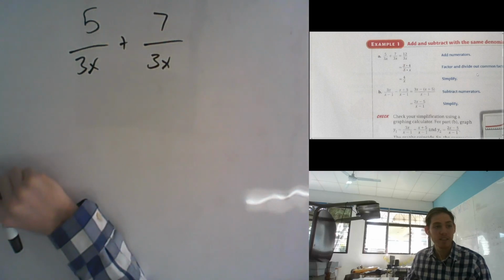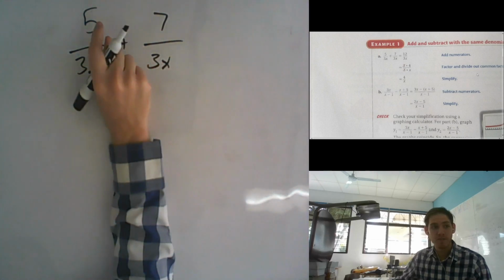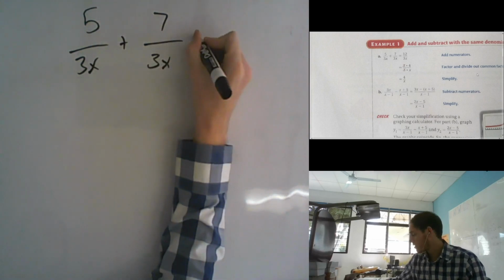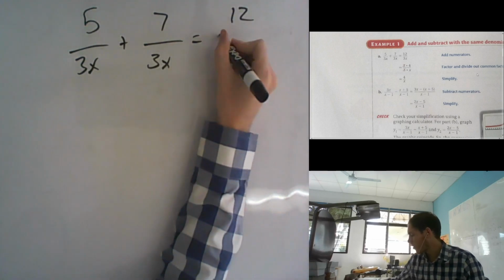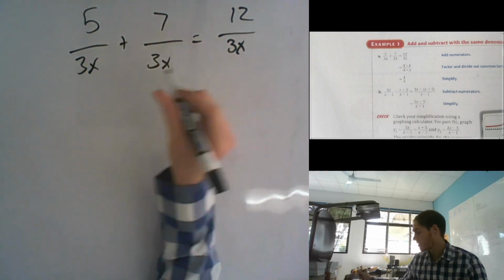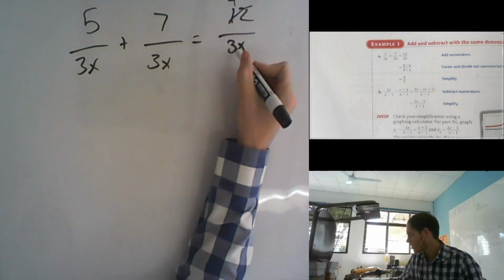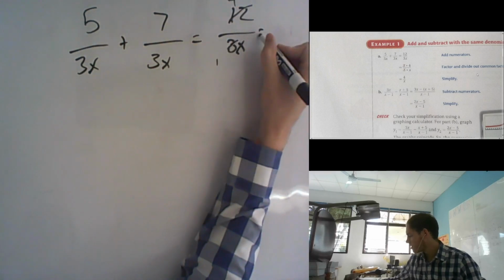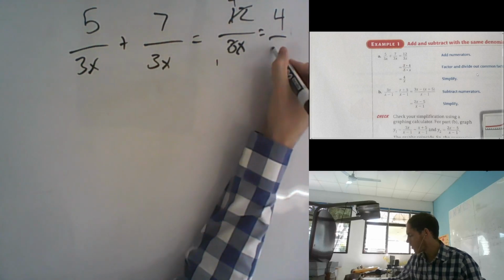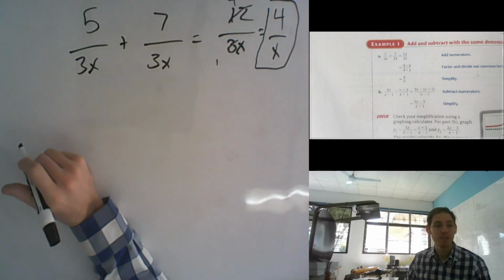Is the denominator the same? Yeah? So then 5 plus 7, which would be 12 over 3x. Now can we simplify this? Yes. See, 12 and 3 can be simplified to be 4, 1, so 4 over x. So you do need to write it in simplest form.